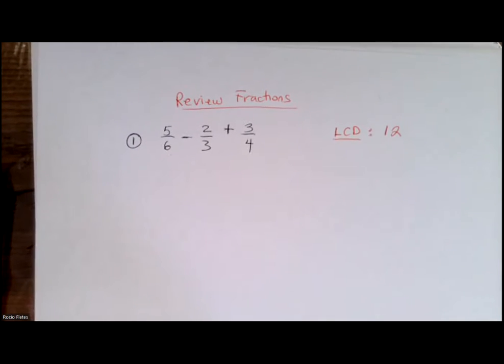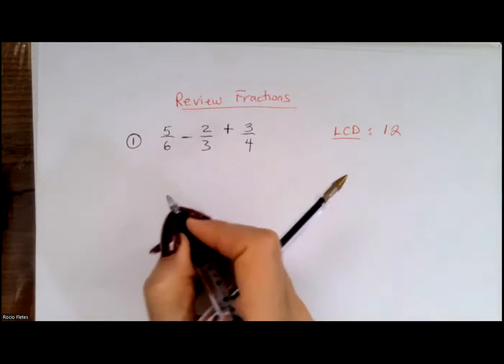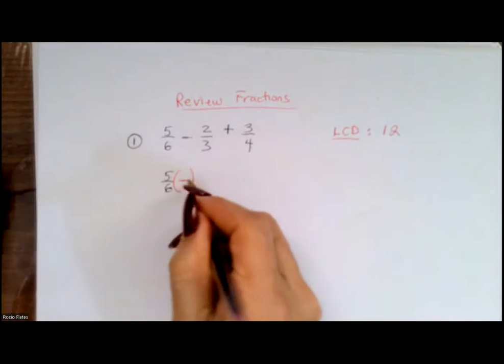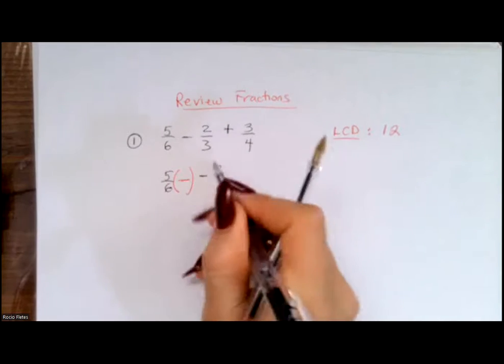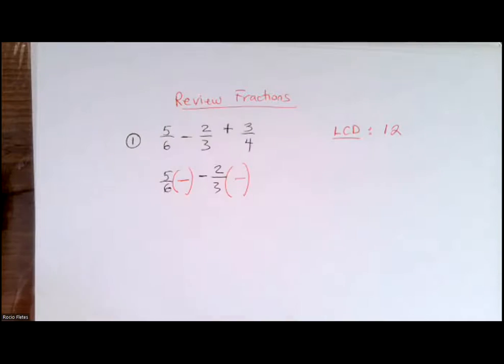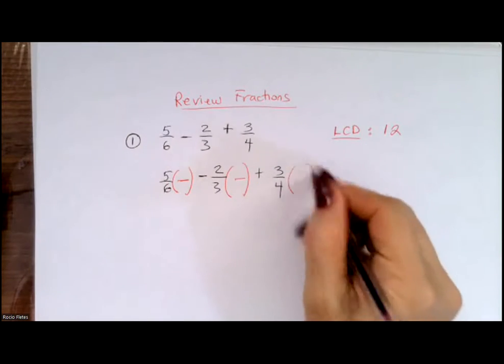Now you're going to look at the fractions. You multiply 5/6 by the number you need in order to get 12 as a denominator. Bring down minus 2/3, multiply by 4, and then plus 3/4, multiply by 3.